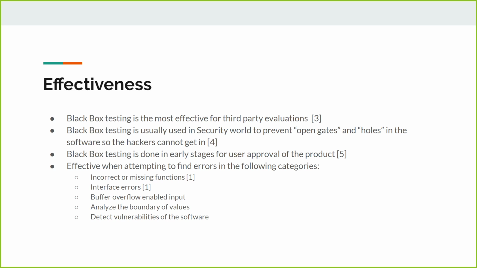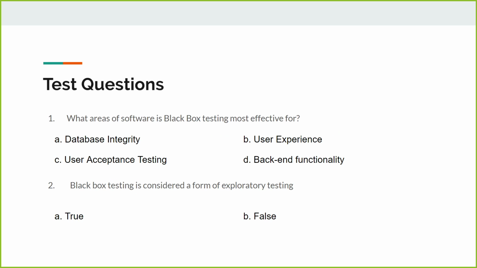It includes also buffer overflow, when the user can input some code and then execute some system code via the software. And analyzing boundary values: if some values go outside the boundary and the software does not check for that, black box testing is usually used to detect such vulnerabilities of the software.